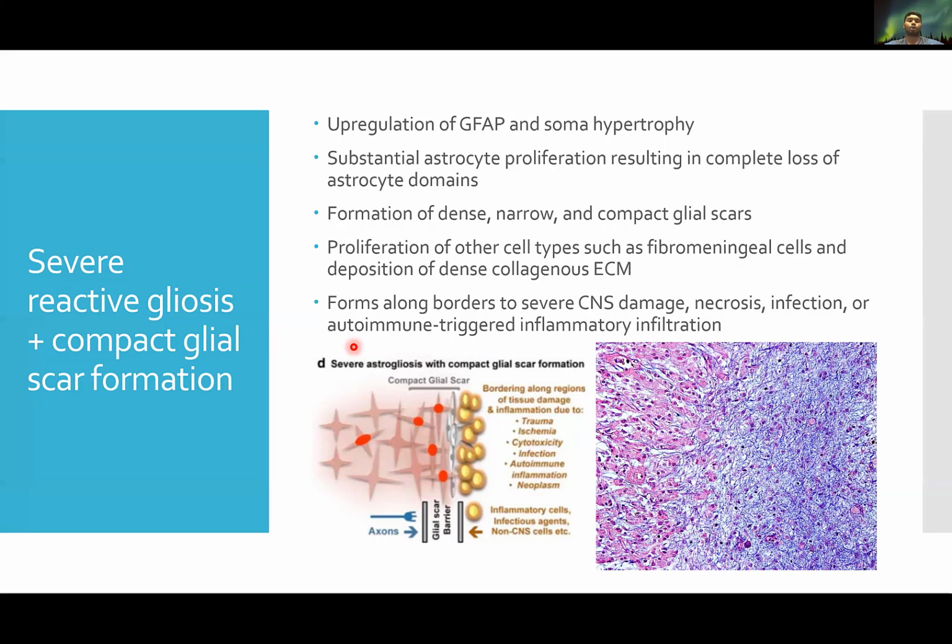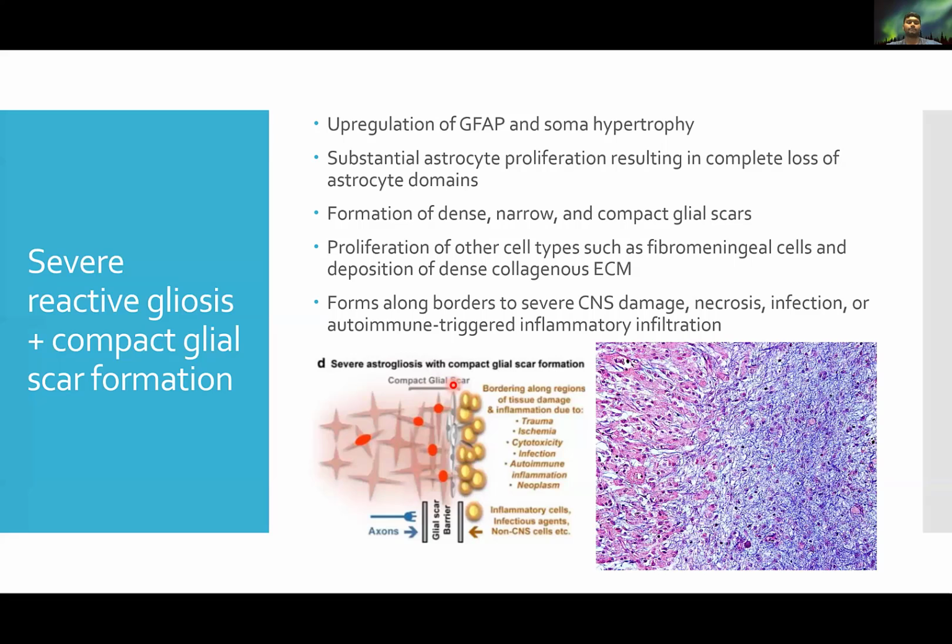So going back to the previous example of a gunshot wound to the head, very far away from the impact would be mild gliosis, but along the border where the bullet entry path is, you're going to have compact glial scar formation, where these astrocytes have completely different morphology, and you see here they're very tightly packed together.